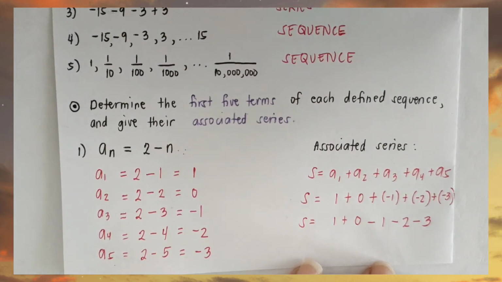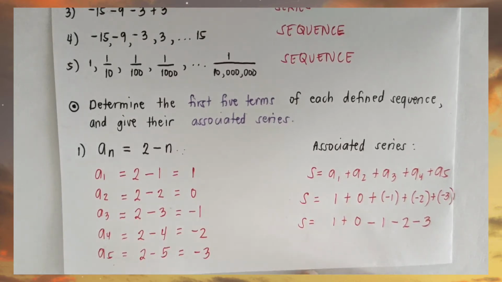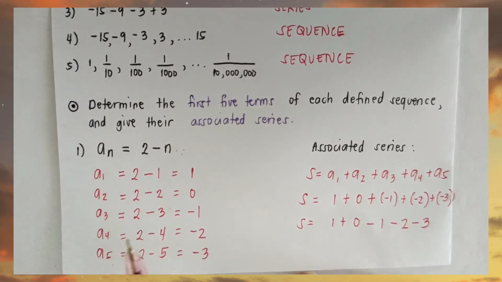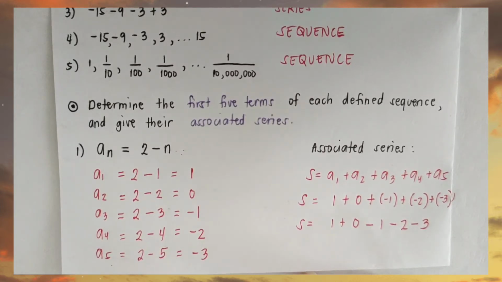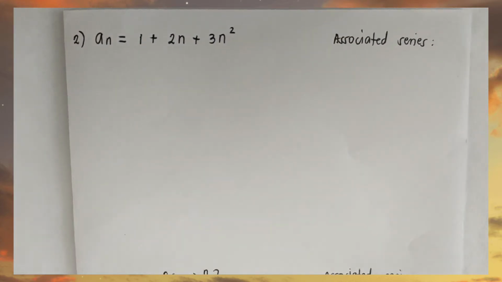That is how to solve the first 5 terms and of course how to write the associated series given the following terms. Next, number 2. How about A sub n is equal to 1 plus 2n plus 3n squared.